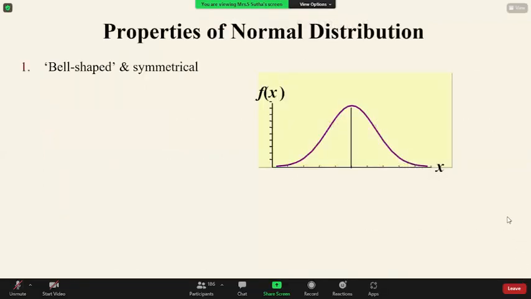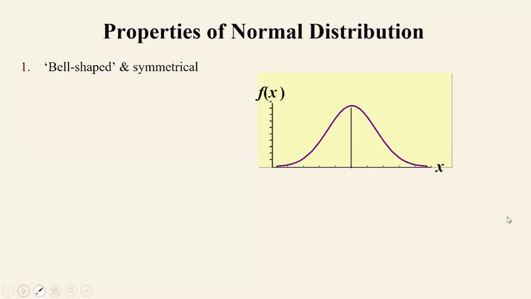Then, properties of a normal distribution, right? The normal distribution is always bell-shaped and symmetrical. When we plot the density function for the normal, you will get a curve like this, symmetrical about the mean value.